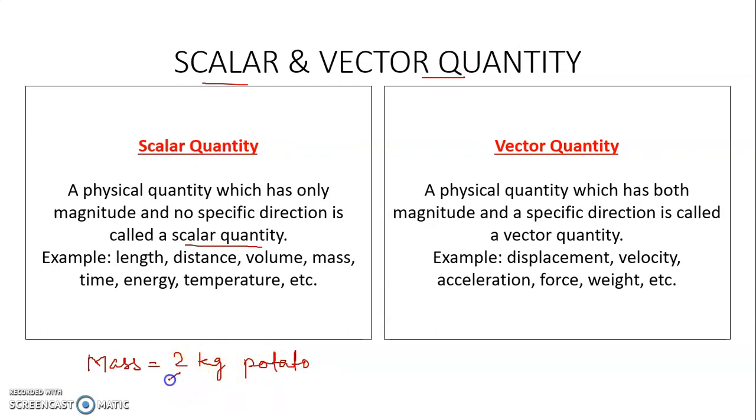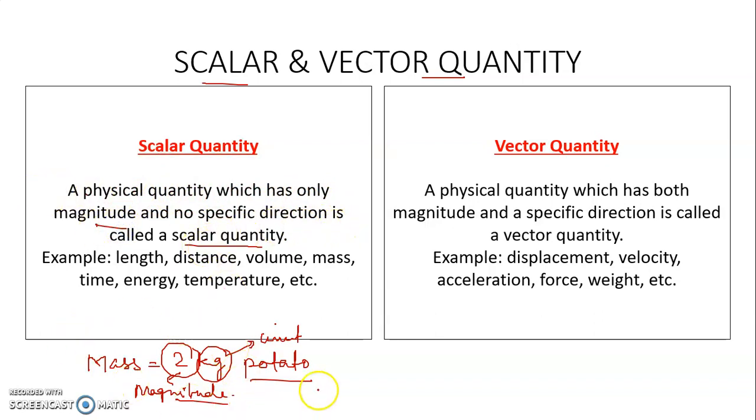So what is 2? 2 is the magnitude. 2 is the value. How much potato you got? The value. And kg is the unit. So how much you got? 2 kg. What you got? Potato. So 2 is the magnitude. So always remember a physical quantity which has only magnitude and no specific direction.